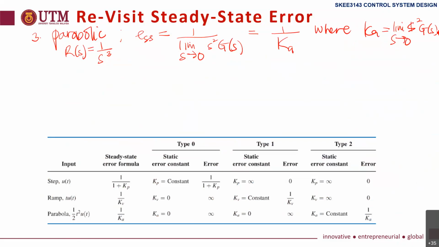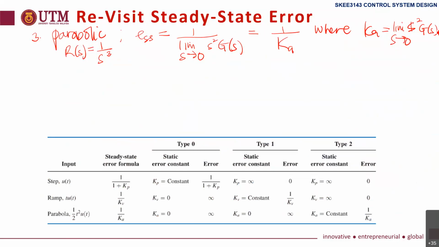Ka also is a static error constant. A denotes acceleration. So we have position, velocity, and then acceleration. Kp, Kv, Ka.